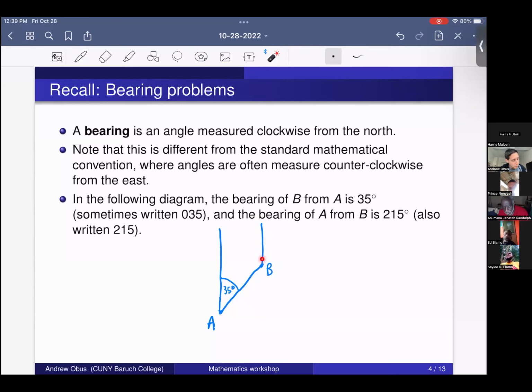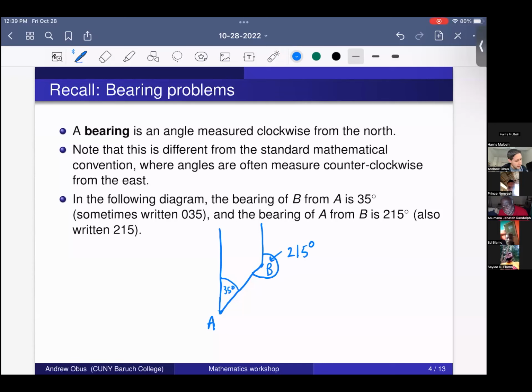So this bearing northward from B, you have to go all the way around in the circle to get to A. It goes all the way around until you get to A, and it turns out that this angle is going to be 215 degrees.